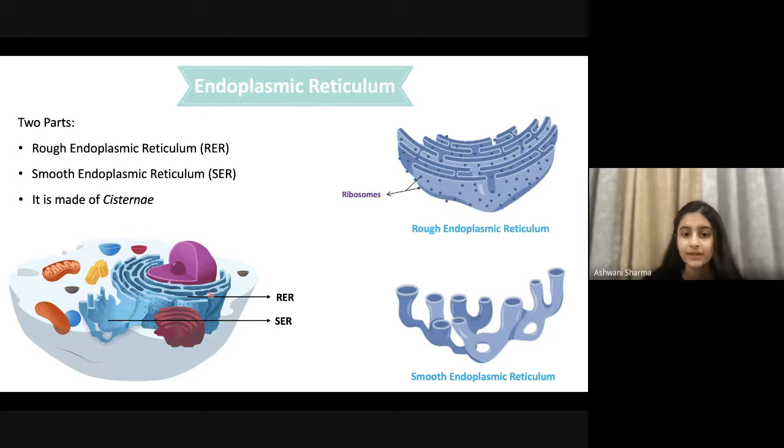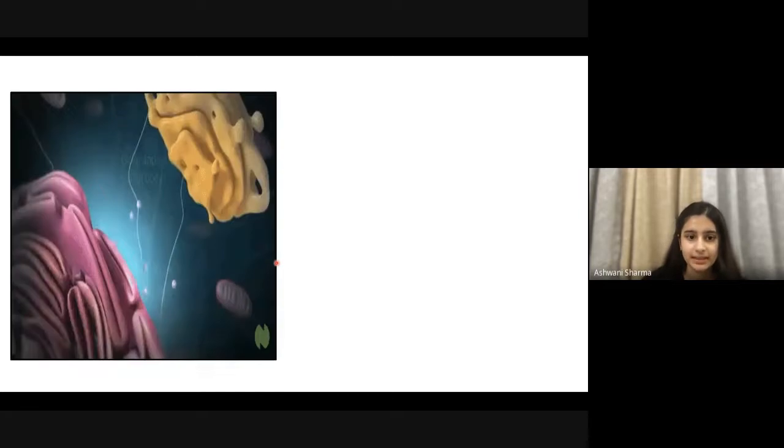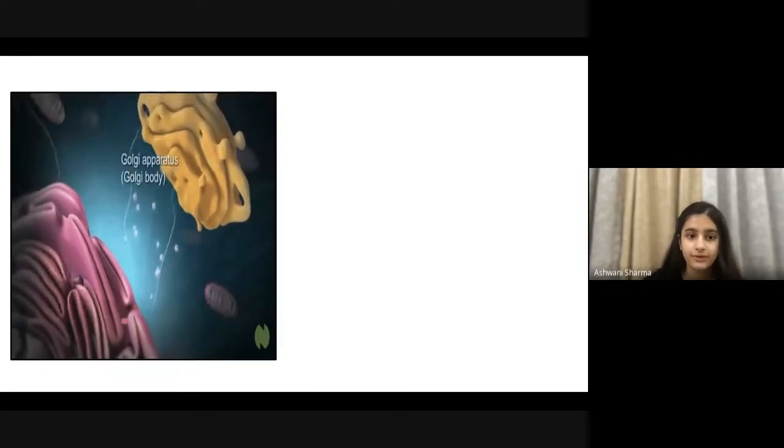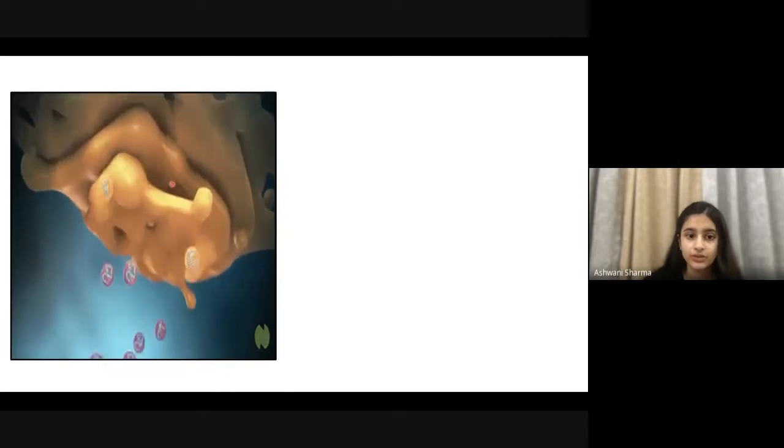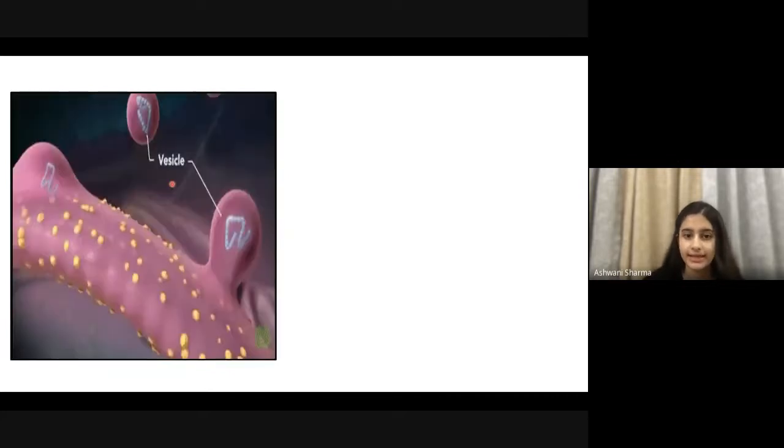So now if you look at the rough endoplasmic reticulum, we know that it synthesizes proteins. But where do the proteins go later? In the rough endoplasmic reticulum, these proteins bud off from the rough endoplasmic reticulum and go into another organelle called the Golgi apparatus, which we will look at in a second. So these proteins bud off from the endoplasmic reticulum in vesicles.